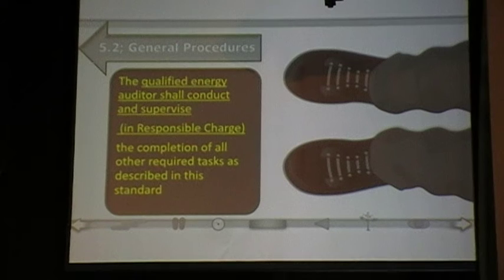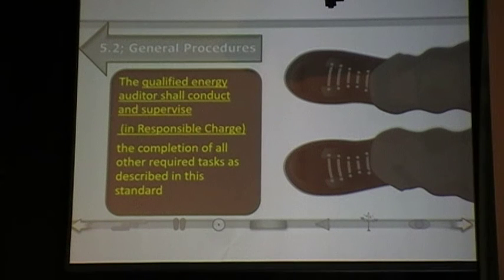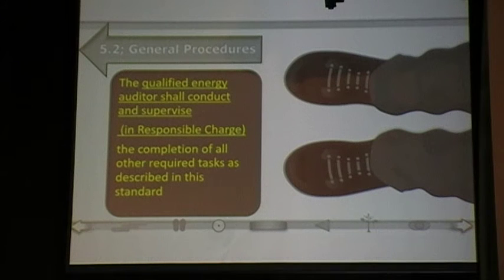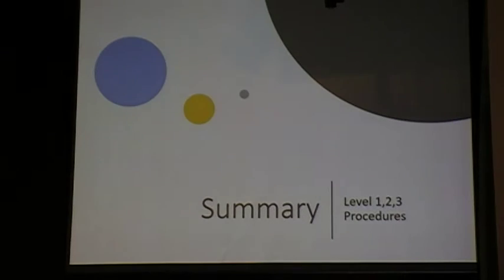That means be in responsible charge of that energy audit and make sure they report all that to their customer and sign and certify that that was done. So that's really briefly some ideas about those important sections of the standard.